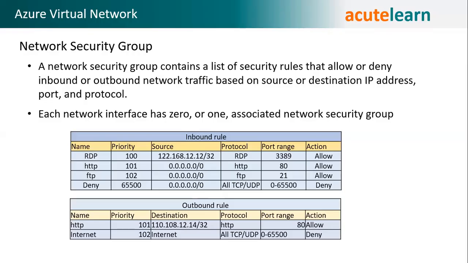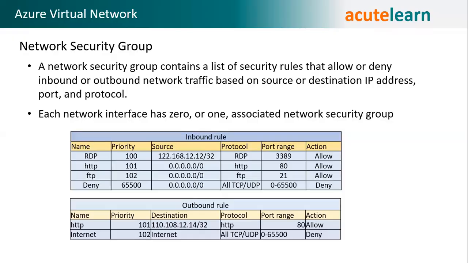In the Azure virtual machine lesson, we understood how a network security group can be applied to a virtual machine NIC and how we can control the traffic at the NIC level.